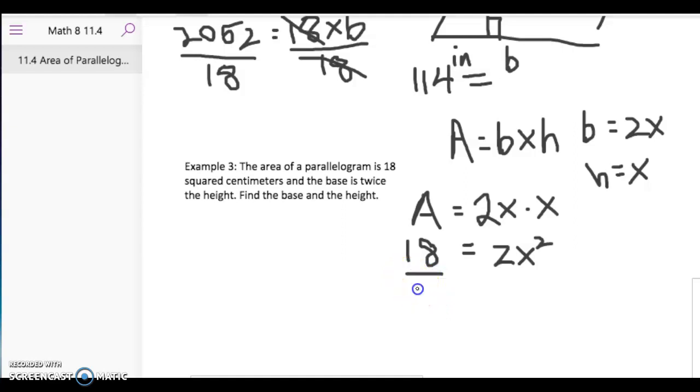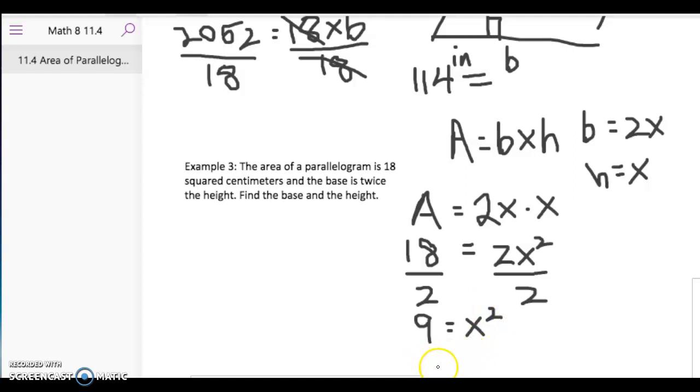So simple algebra, I divide 2 on both sides because we have 18 equals 2x squared, so we want to know what 1x squared is. So I divide 2 on both sides, which gives me 9 equals x squared, right?